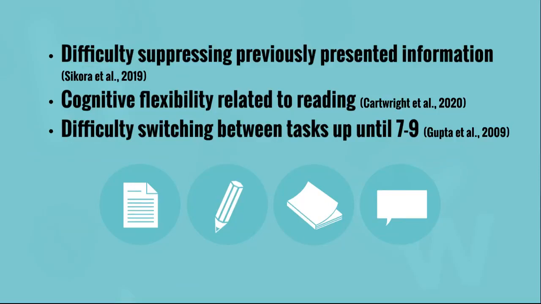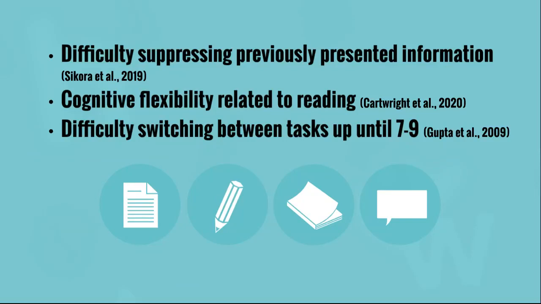Task switching, especially on a trial-by-trial basis, Gupta and colleagues demonstrate, is difficult for typically developing children up until age 7 to 9. So even in children who don't have a language impairment or difficulty reading or who are poor comprehenders, task switching and doing these kind of mental operations is difficult.